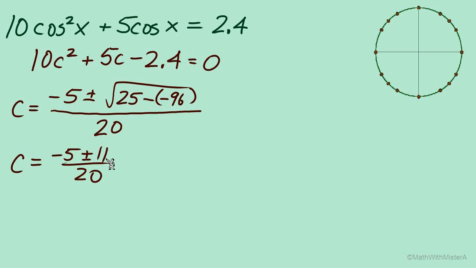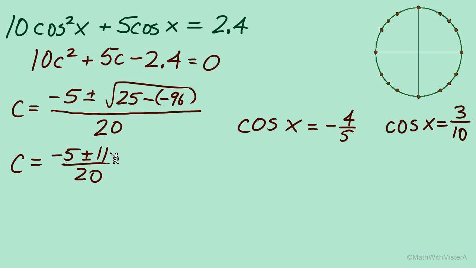Let's finish solving by breaking this up into two separate fractions. We'll have cosine x equals a negative 4/5. If we did negative 5 minus 11, we'll get a negative 16 over 20, simplified to negative 4/5. If we go with the plus, negative 5 plus 11, we end up with 6 over 20, or 3/10.